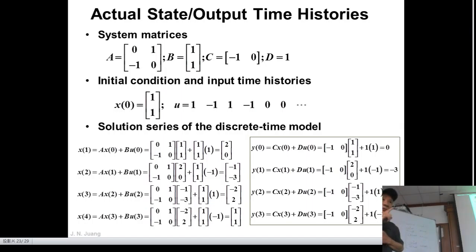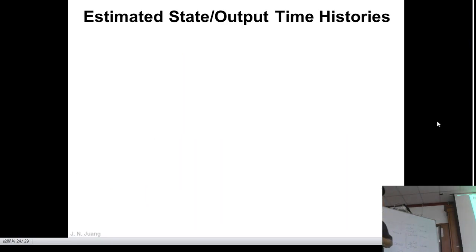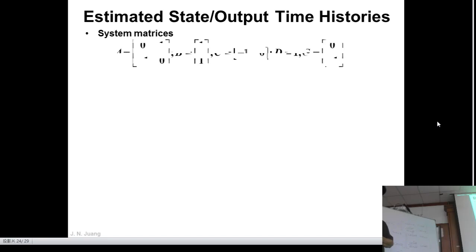Now you watch the next one. Recall that my true initial state is 1, 1. Then I look at my estimate. The estimate requires ABCD. Assume I give you that ABCD.